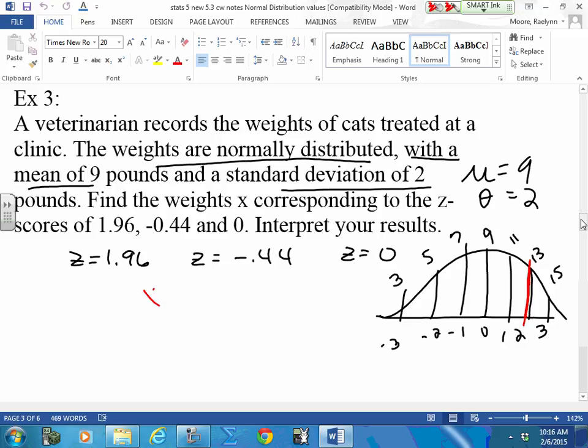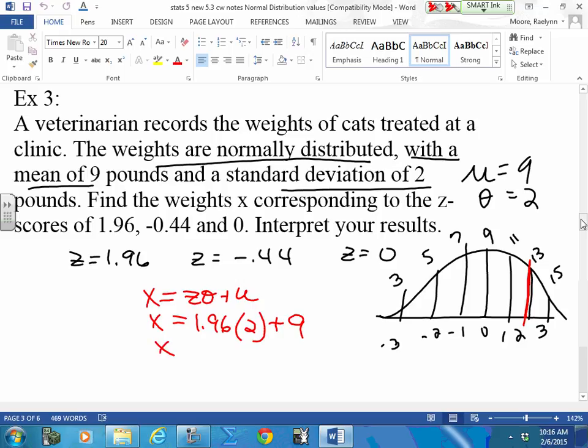So to do that, we're going to use that formula. We're going to use our transformed formula. This is really easy. Just stay with me. So we take the z-score, we take the standard deviation, we take the mean, and you put that whole thing into your calculator.